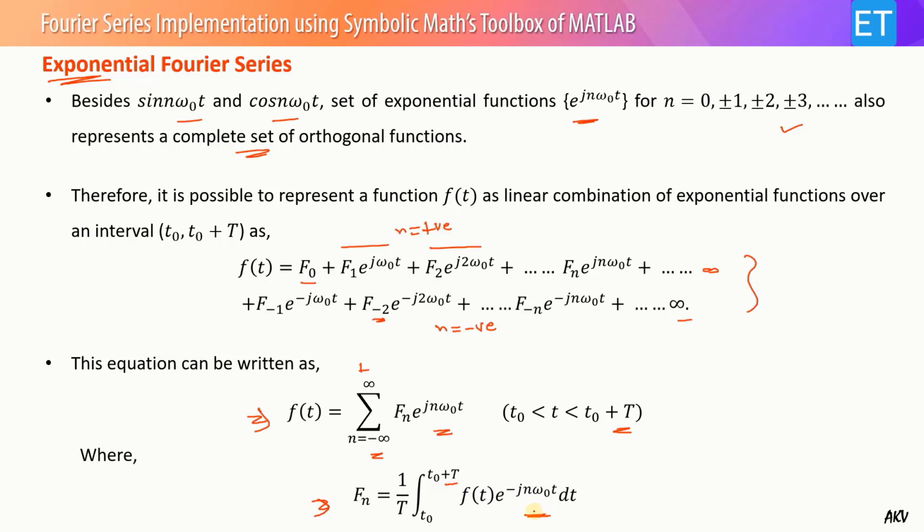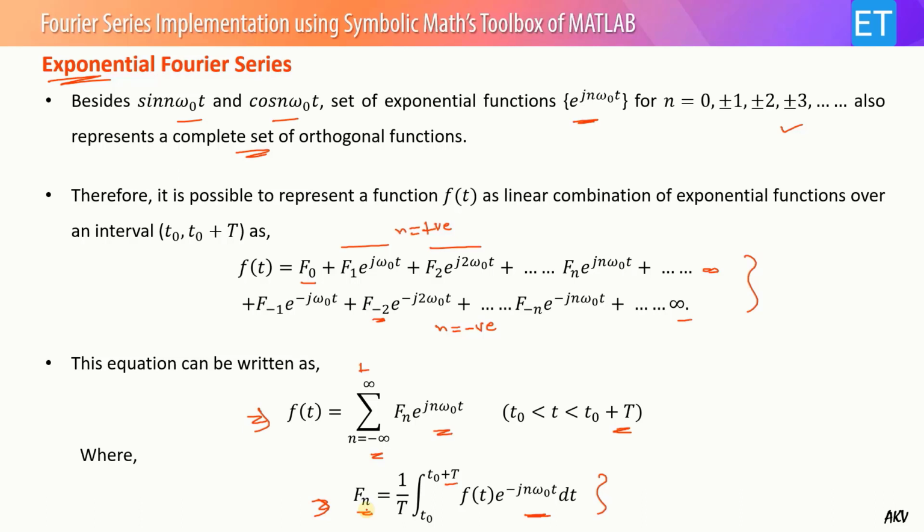This is rather simpler than the trigonometric Fourier series, where we have to find 3 integrations, and here we have to find only a single integration, that is fn. So it is simpler to compute the exponential Fourier series. Also, it has the foundation to evolve the Fourier transform. Later I will show you.